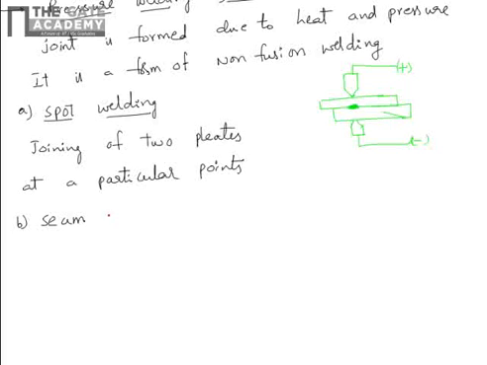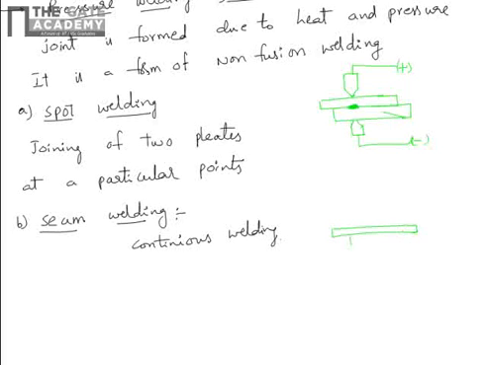Next is seam welding. Instead of welding at a particular point, seam welding is continuous welding. In the same diagram, instead of electrodes, rollers are used.